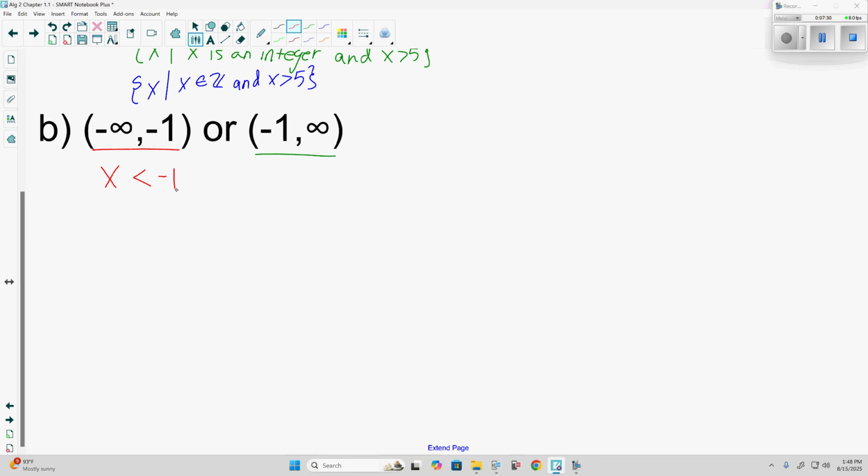Let's look at negative 1 to infinity. For here, because when we write it as an inequality, we will have the variable x. And we're going from negative 1 to infinity. So we're saying that the numbers have to be what? Greater than. We good?